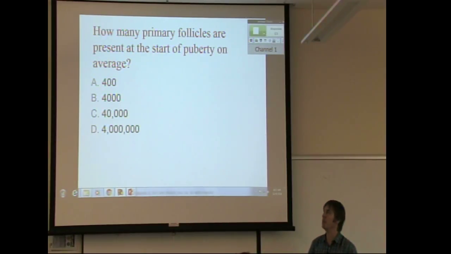So you've got like 15 to, what do you think menopause is, like 55 on average? Something like that. So you've got like 40 years times 12. What's 40 times 12? 480 on average, so something like 480 eggs, but you've got 40,000 follicles.